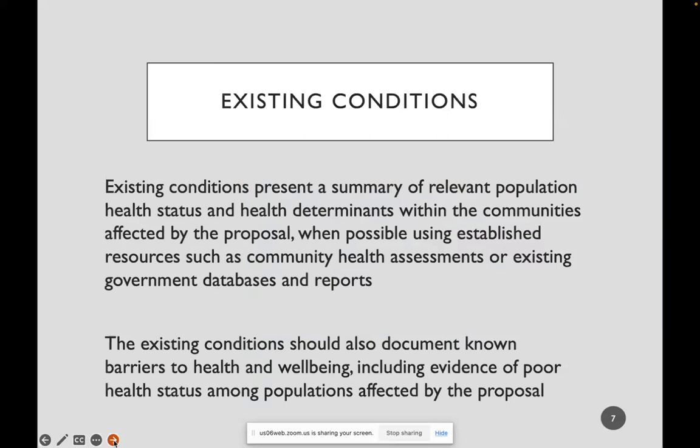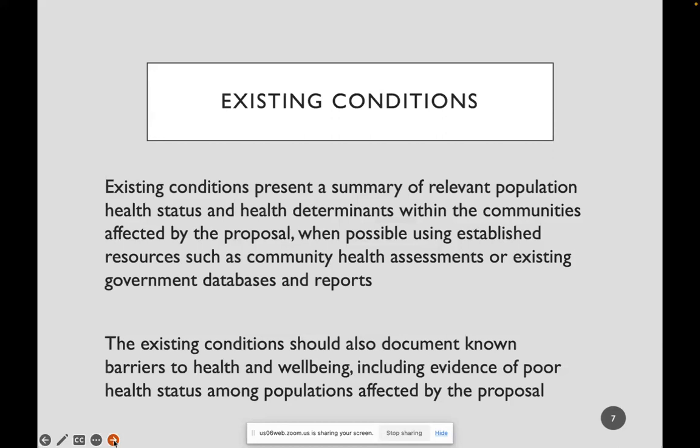So now you're taking those parameters and drilling down to the particular populations of interest, whether that is everyone who lives within the area that's impacted, or whether you're just looking at populations who will be disproportionately impacted. And that's a decision you can make as you get into your scoping with your community group.